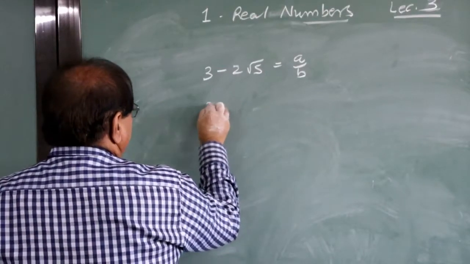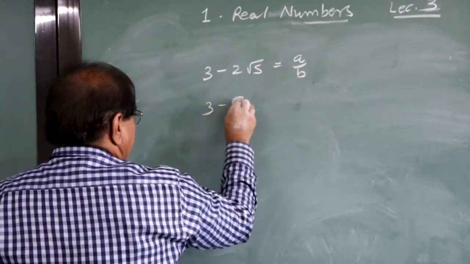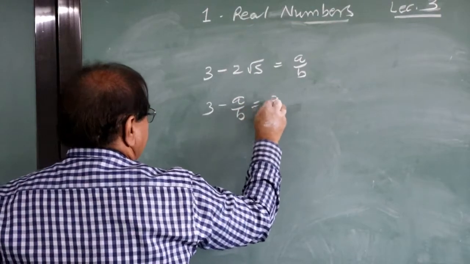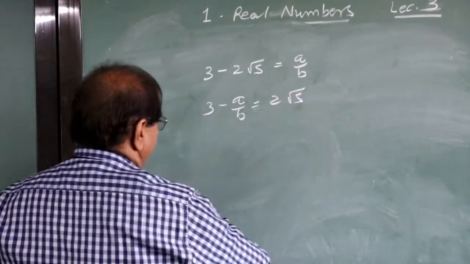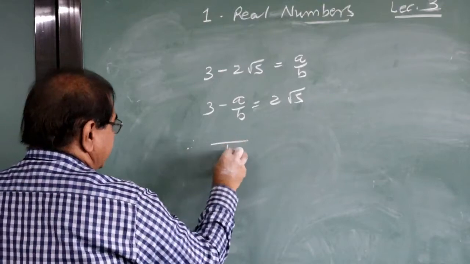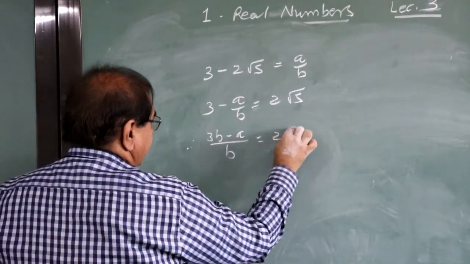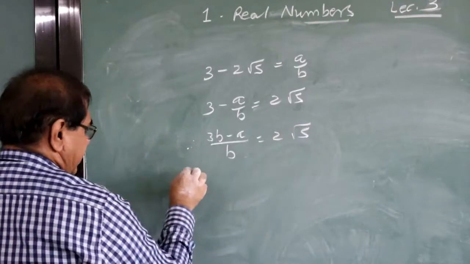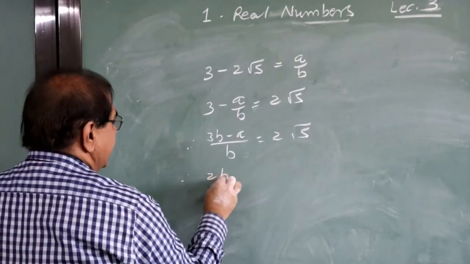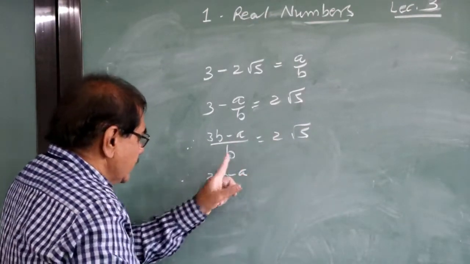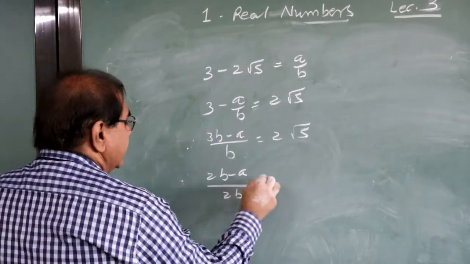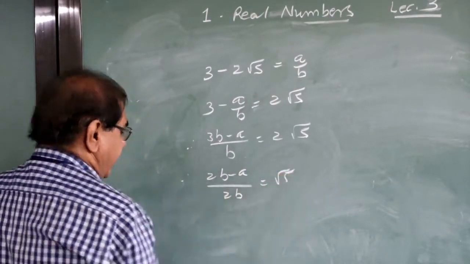So 3 minus A upon B is equal to 2 root 5. Now take the LCM B here. 3B minus A is equal to 2 root 5. Therefore, 3B minus A, this 2 comes down, 2B, is equal to root 5.